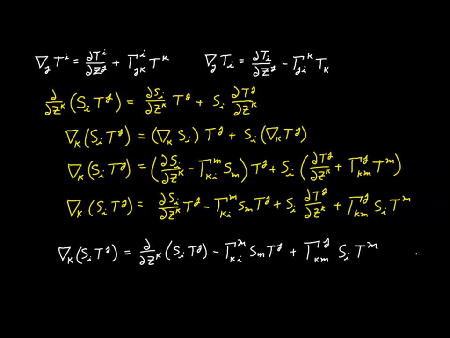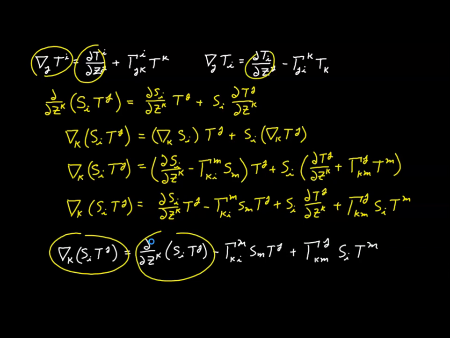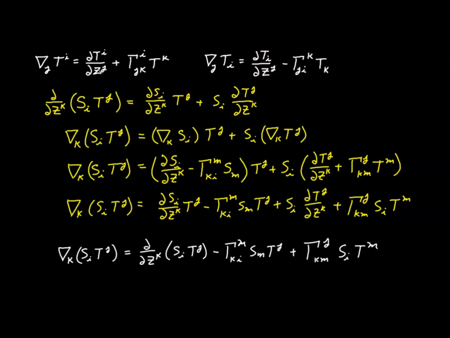Now, let's take a minute to compare this result with the individual expressions we have up here. Now, there's some similarities here. We're taking the covariant derivative, of course, and the first thing we do in each of these is to find the partial derivative. Well, the same thing happens here. We take the partial derivative of the original expression unaltered. Now here we add a term with a contraction using the factor that we're dealing with here.